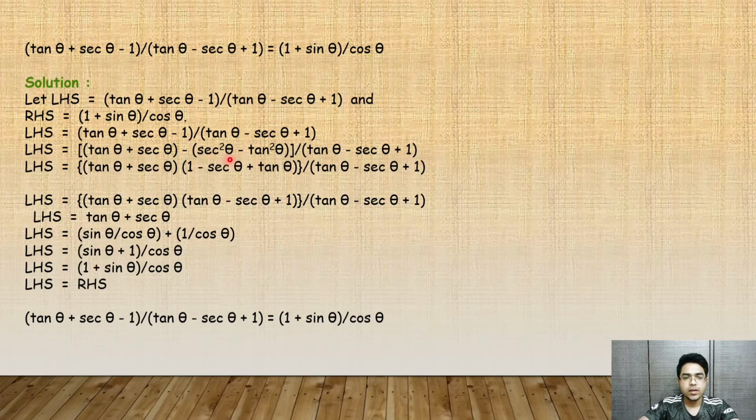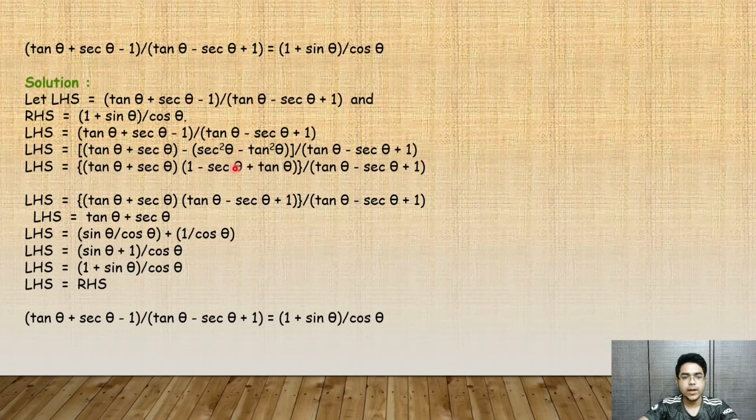This sec square theta minus tan square theta is in the form of a square minus b square, so it will be converted into (a plus b)(a minus b). So we get sec theta plus tan theta in one bracket and sec theta minus tan theta in another. Now tan theta plus sec theta is common, so we take it out, and in another bracket we get 1 minus sec theta plus tan theta.